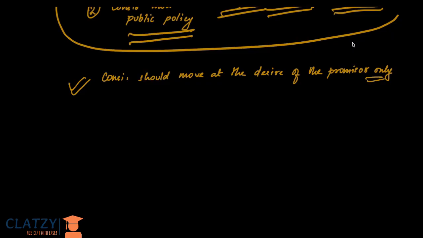Okay, the offerer should make this desire known to the offeree, and only after that the offeree should pay the consideration to the offerer. All right, this is one. We will also look at this situation which says that consideration can be given by a third party.